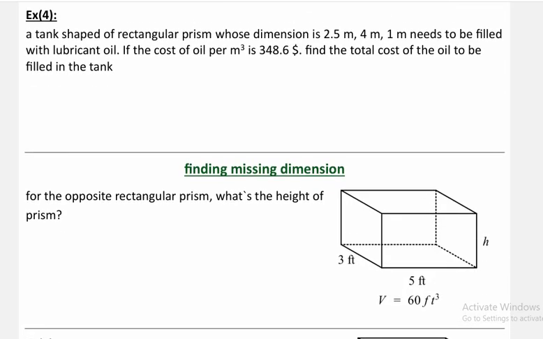Now, a tank shaped like a rectangular prism with the dimensions you give me needs to be filled with lubricant oil. The cost of oil per meter cube is $348.6. Find the total cost of the oil. In liquids, the cost depends on the capacity, or the volume.